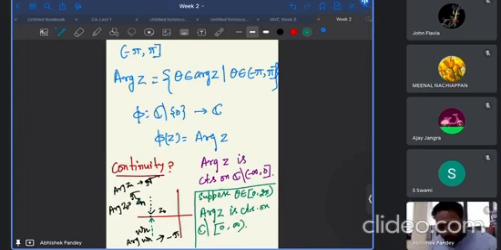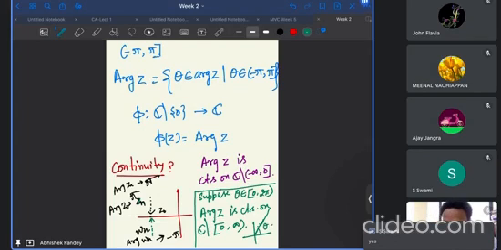In fact, you can take any theta, take this ray and remove it, and the argument will be continuous on C minus this ray.